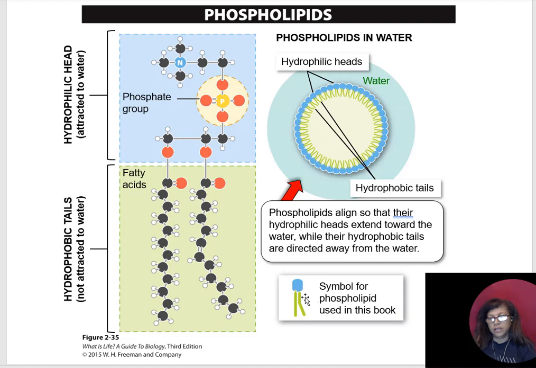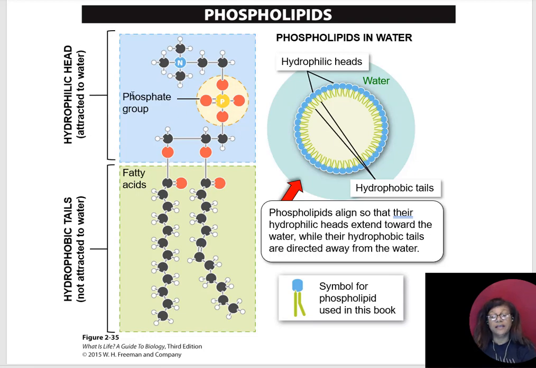And so you'll see this symbol used to represent phospholipids, but what I really, really want you to remember, and you will be asked on an exam, is how these portions of the phospholipids, the hydrophilic head and the hydrophobic tail, which portion likes water?